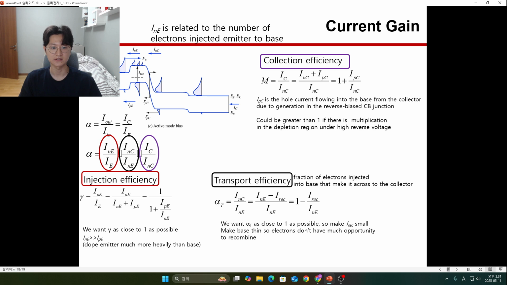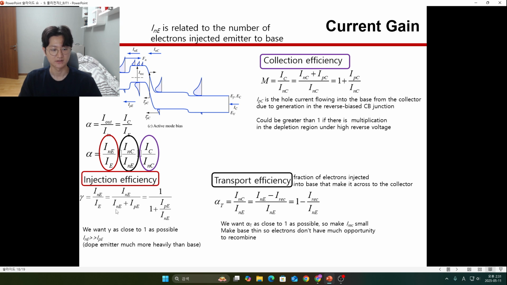How many electrons flow, this part is the injection efficiency. This gamma equals the electron current moving from emitter to base over the whole current.